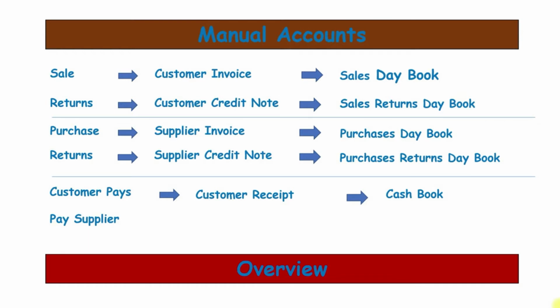When our 30 days are up, we will need to pay our supplier. We should receive a supplier receipt as proof of payment. This is then documented in the Checks Journal, which is sometimes known as the Check Payments Book.